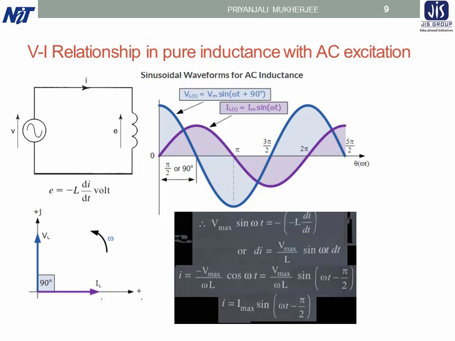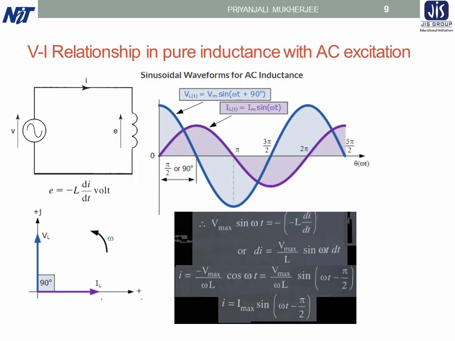So V is equal to minus EL, and we can find the equation of I, which is I max sine omega t minus pi by 2. Because Vmax sine omega t is equal to L di by dt, or di by dt is equal to Vmax by L into sine omega t, and from here we can find I is equal to I max sine omega t minus pi by 2. Now what does this minus pi by 2 indicate?